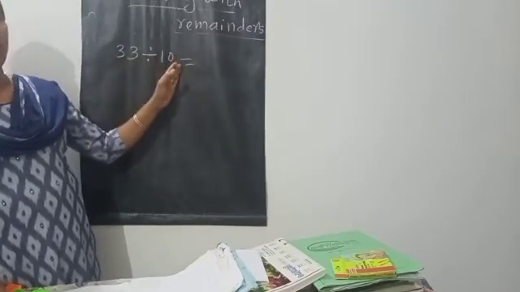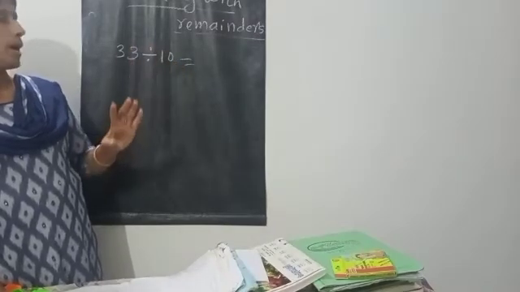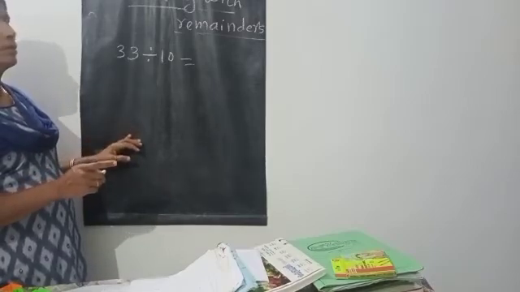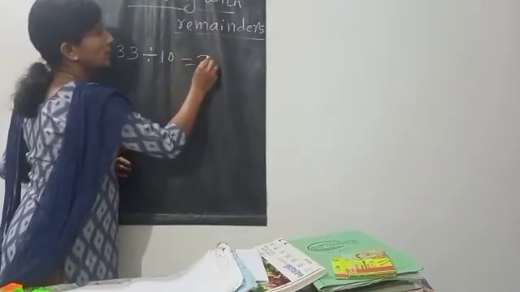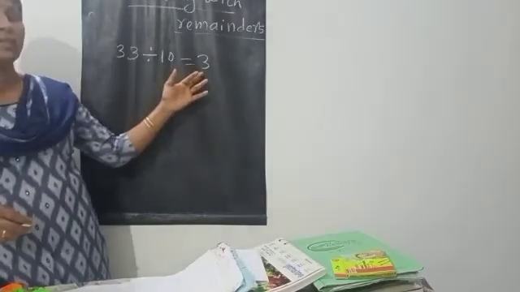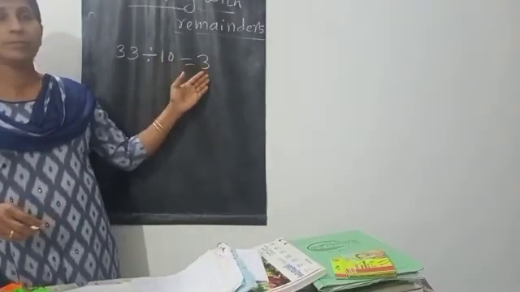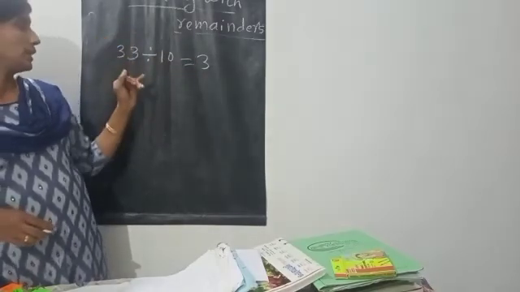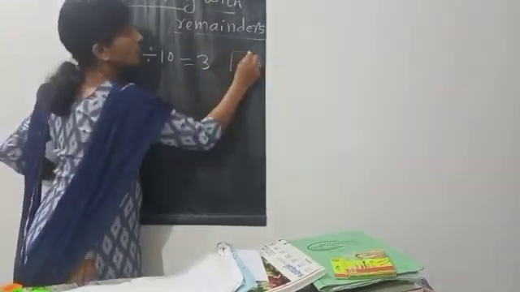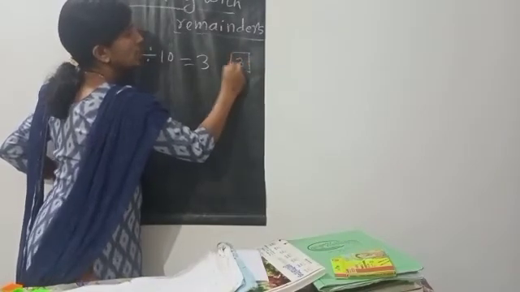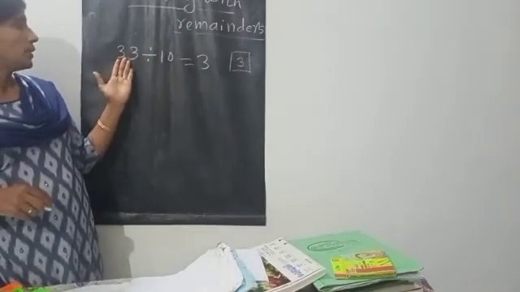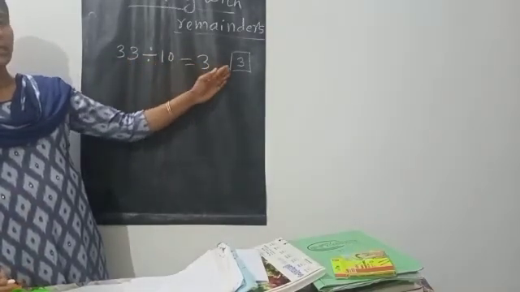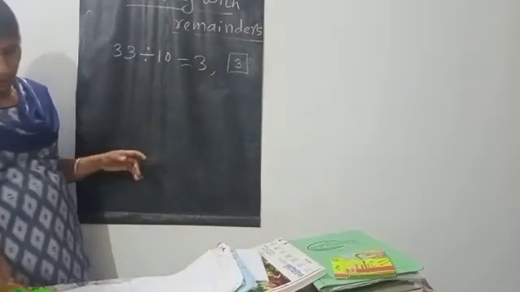We can take 10 three times from the number 33, so we will get 30. So we can write 3. How many times can we take 10 from 33? We can take 3 times. That will make 30. And what is remaining? 3 is the remainder. So 33 divided by 10 is equal to 3, and 3 is the remainder.